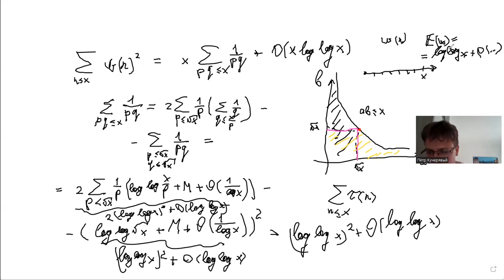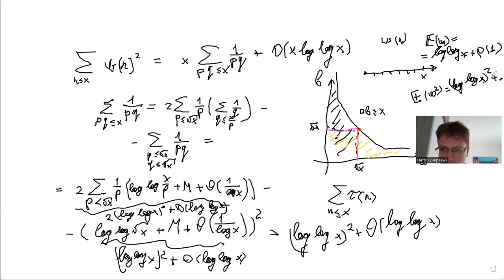Okay. And what's the expected value of the square of omega? It is the square of double logarithm of x plus this term.